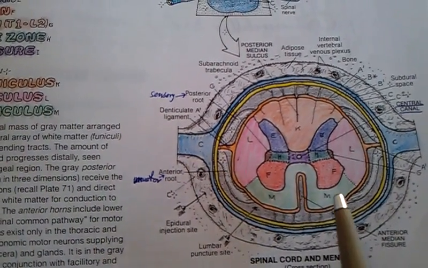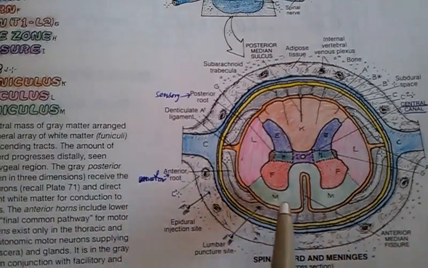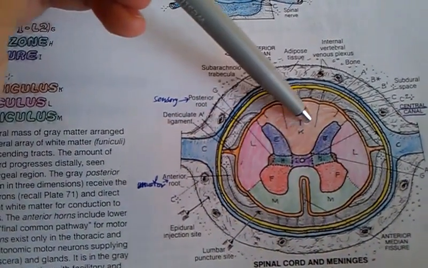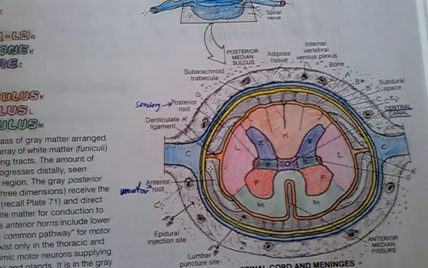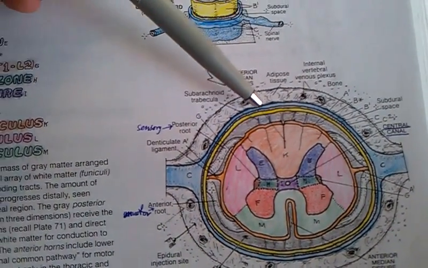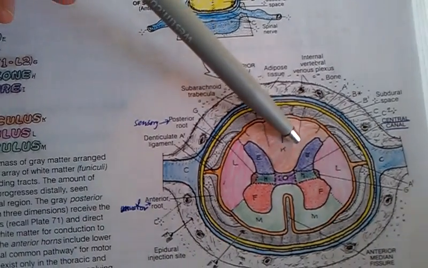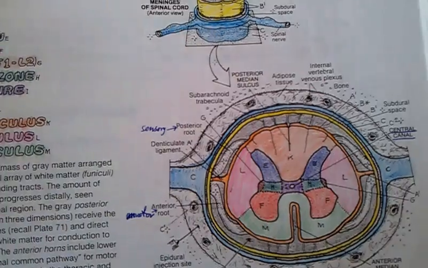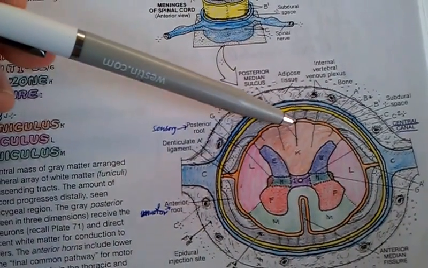So you have anterior funiculus, lateral funiculi, and posterior funiculus. The posterior funiculus is subdivided into fasciculus gracilis and fasciculus cuneatus, one on each side of the posterior median sulcus.